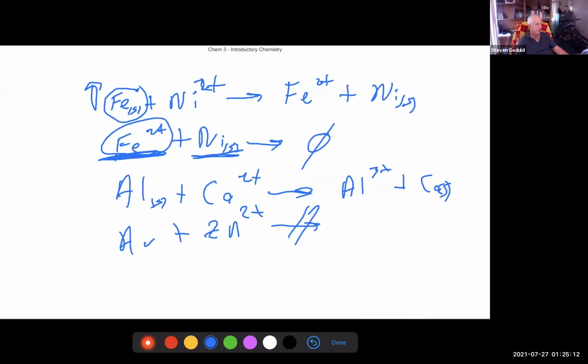So let's look at this list right here. Let's do four little things, so let's see if you understand it. This is based on the activity series: which elements can reduce Fe2+ to elemental iron?